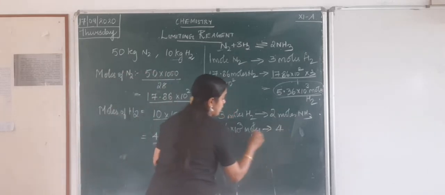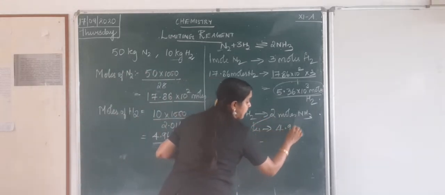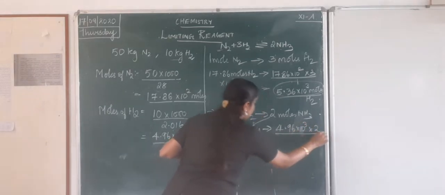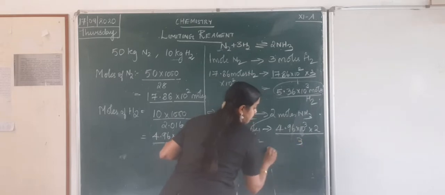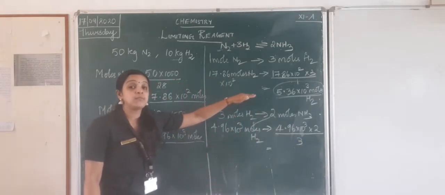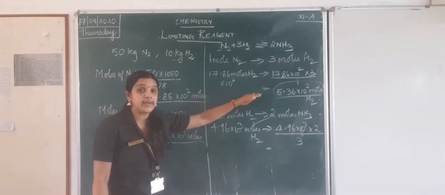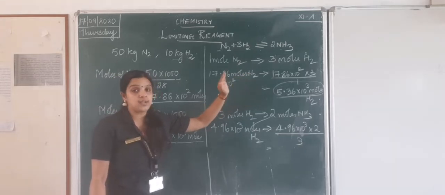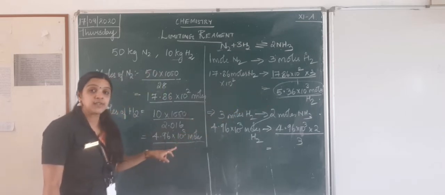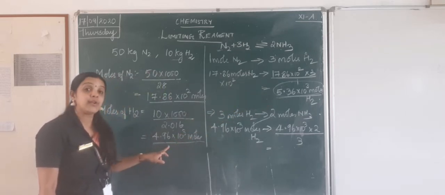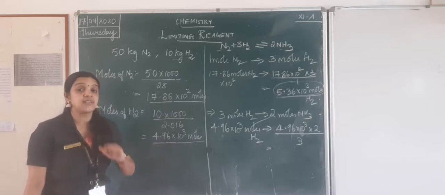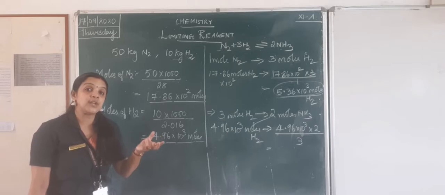It will be cross multiplied, right? 4.96 into 10 power 3 into 2 divided by 3. You are able to understand? First we calculate how many moles of hydrogen are required for the reaction to occur. We need 5.36, but from the calculation we came to know we have only 4.96. With 4.96, now the question they have asked is to calculate the ammonia formed.